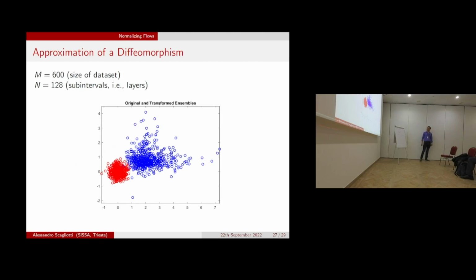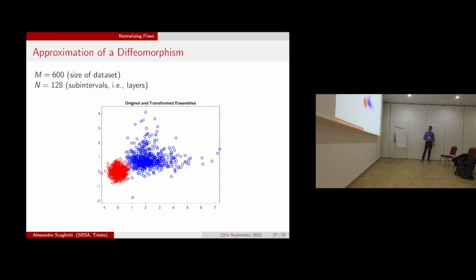Now I have some pictures, some numerical experiments about the task of diffeomorphism approximation. The task of normalizing flow, we are still working on that. We hope to have the preprint available in a few weeks, but it's better not to make promises.